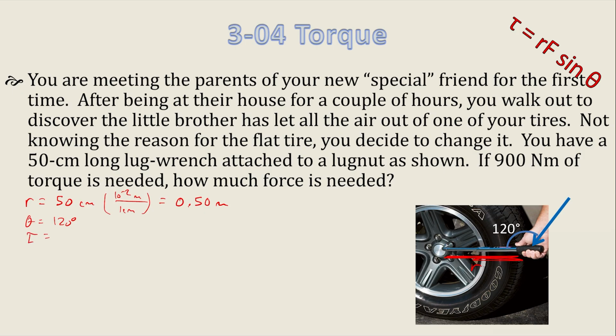And our torque, it says, is 900 Newton meters. So torque is R F sine theta. R is 50 centimeters or 0.5 meters. F is what we're looking for. And our angle is 120.